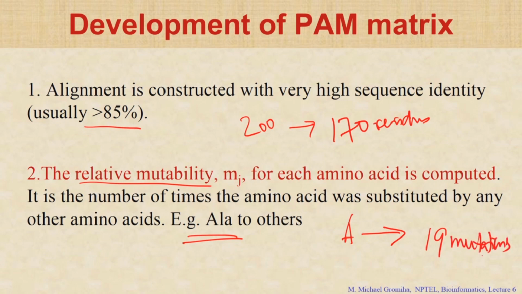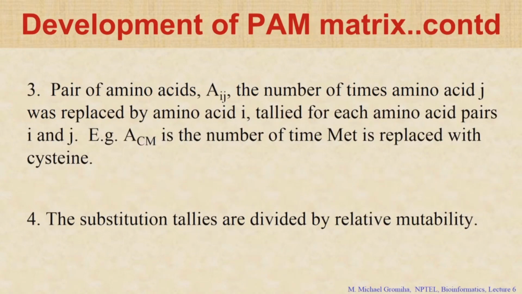Now the question is what is the possibility of mutating alanine to glycine or alanine to lysine if you align the sequences with, say, 95% sequence identity. We check the sequences and see how far they are aligned. So this is A_ij, for example ACM. What is the meaning of ACM? Cysteine is mutated to methionine.